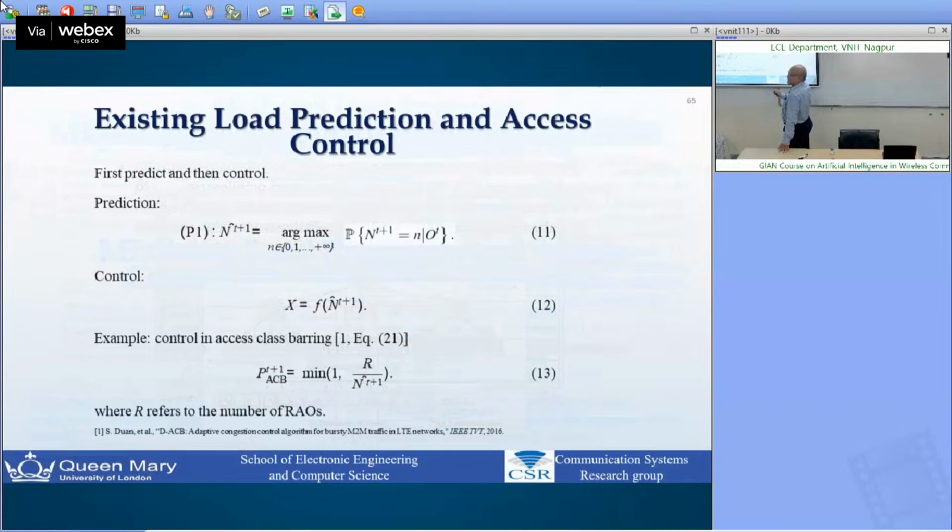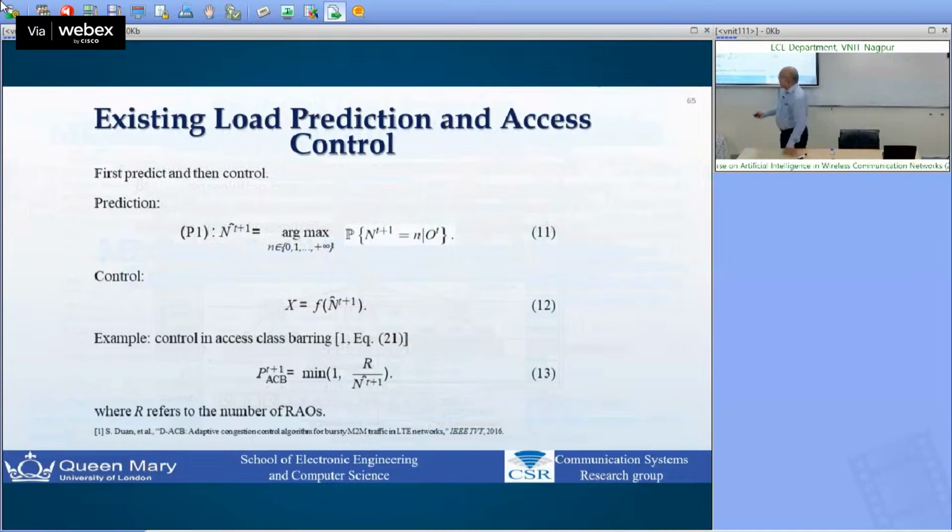Say you have 100 preambles and the predicted load is 1,000. So 100 over 1,000 is 0.1, and it will broadcast 0.1. That means 10% will be allowed to transmit. Those who generated a number less than 0.1 are allowed to transmit, so that limits transmission to 100 people.